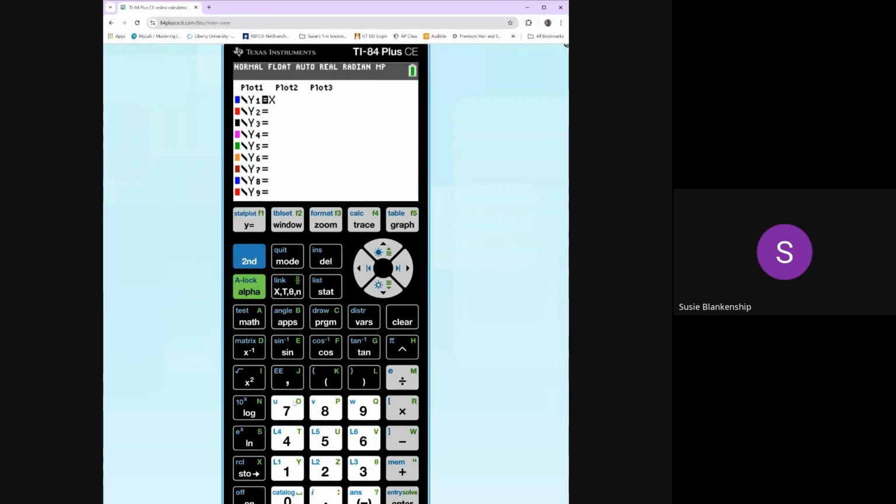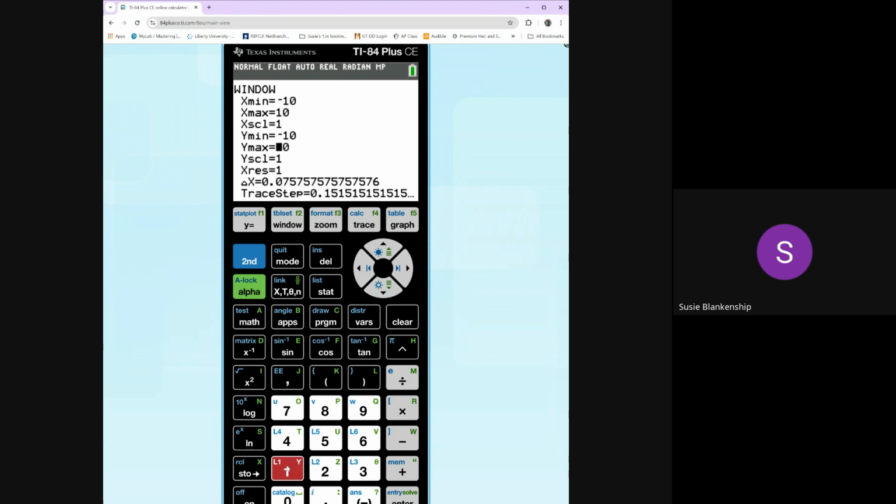All right, we should have x squared. Now, because I can't see that in my window, I'm going to have to change it. I need to move the y maximum to where I can see more, so the y maximum has to be higher.